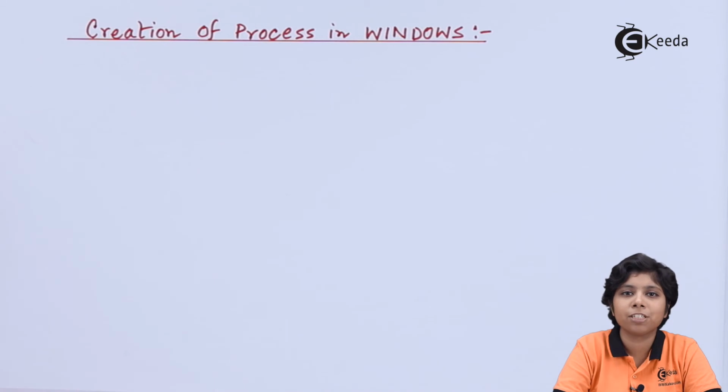The parent process has the same address space as the child process, so they can communicate easily with each other. By creating a process with the CreateProcess command, the child process has a newly loaded program rather than the parent's address space of memory.